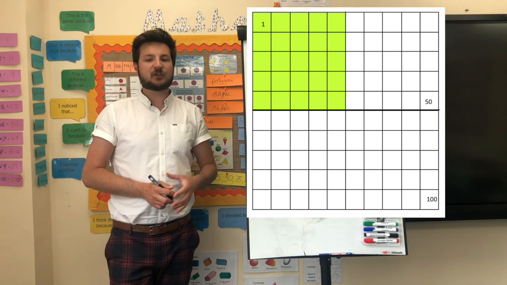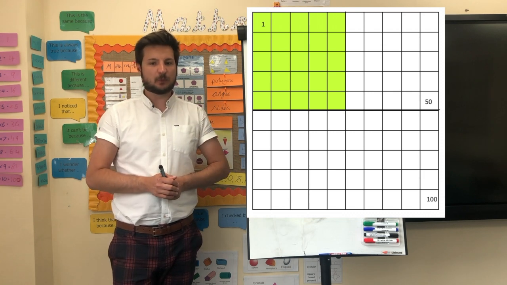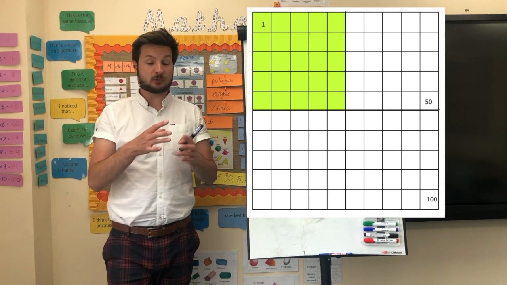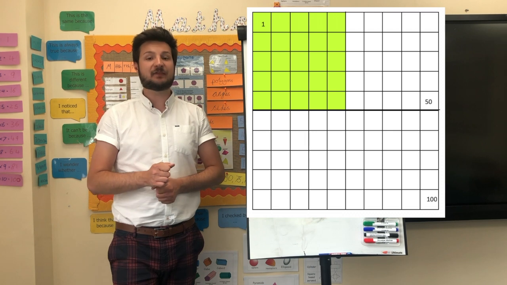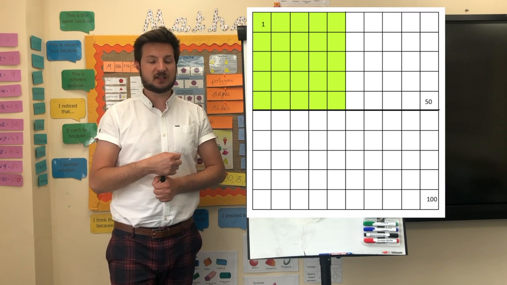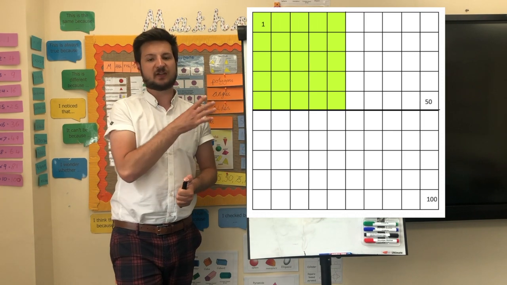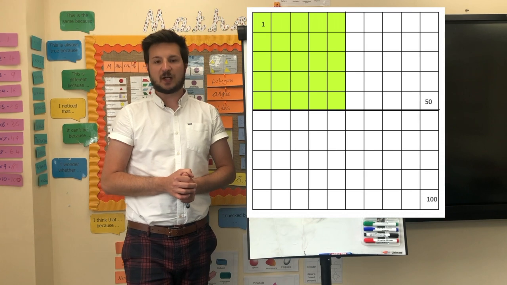Looking at how much of this shape is white, we can do exactly the same thing as we did before. 75 out of those 100 equal squares are white. This tells us that 75% of this shape is white. Looking at that shape, however, we can see 1/4 of it is green, which therefore means 3/4 of the rest of the shape is white.